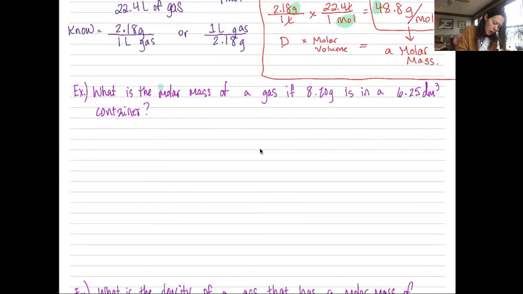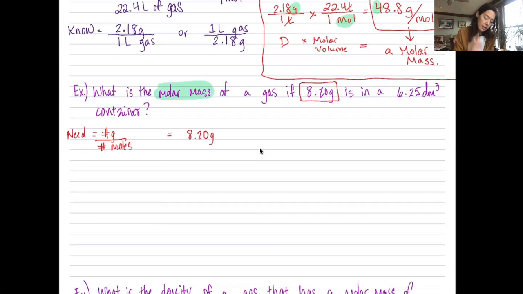Once again, what is the molar mass? So we need the number of grams divided by the number of moles. And we have 8.20 grams. Look, we have 6.25 decimeters cubed.